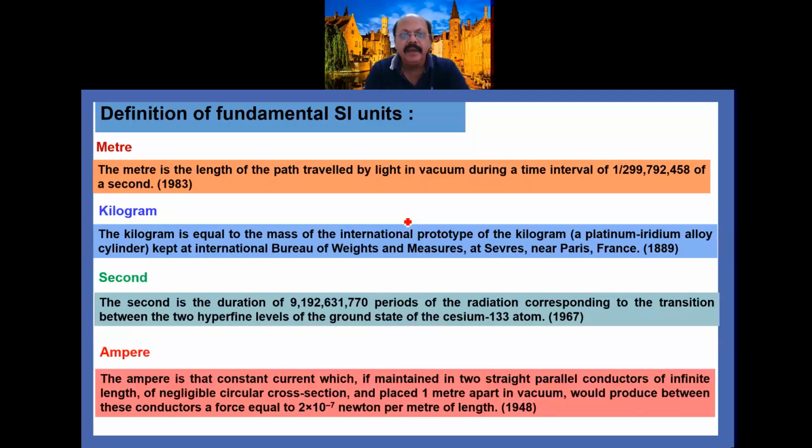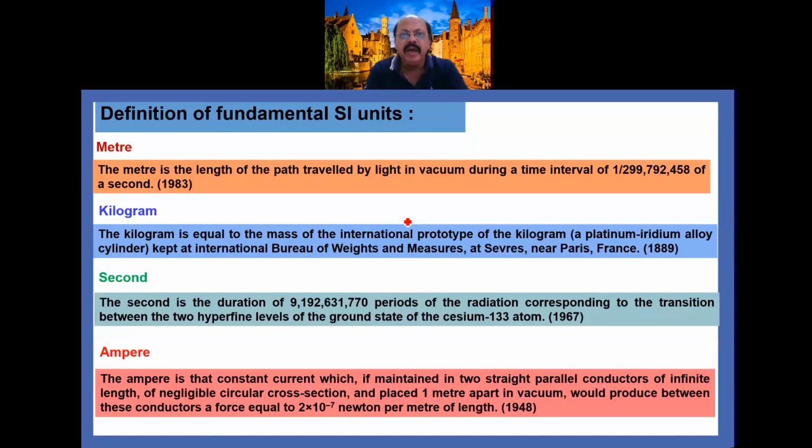Now next is ampere. Ampere is that constant current which, if maintained in two straight parallel current carrying conductors of infinite length, of negligible circular cross section and placed at 1 meter distance apart in vacuum, then the force which acts is equal to 2 into 10 to the power minus 7 Newton per meter of length, and this definition was given in 1948.